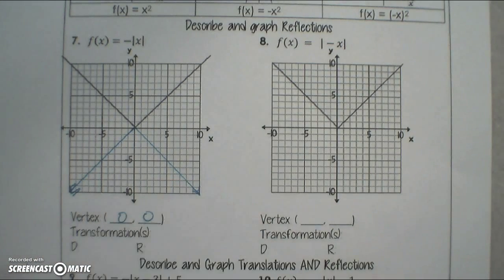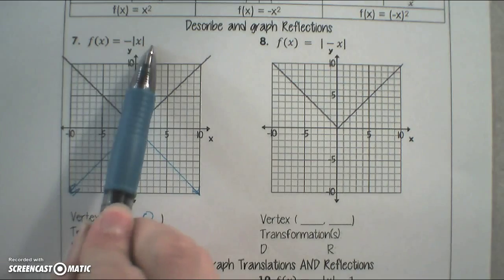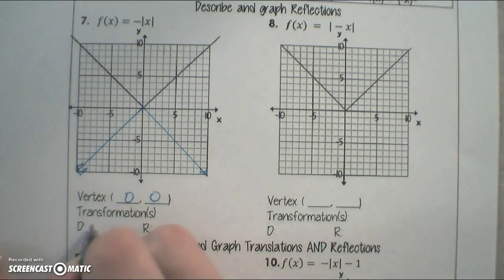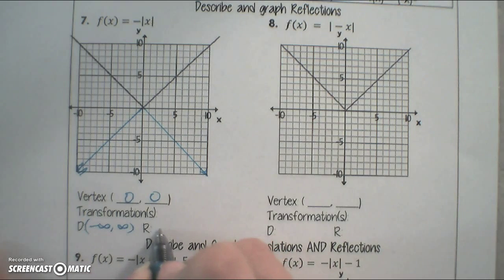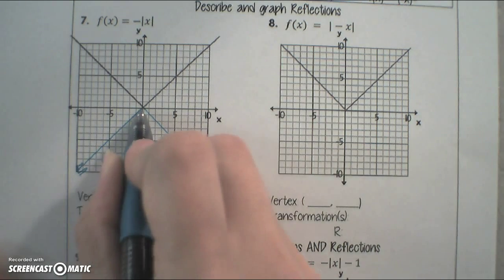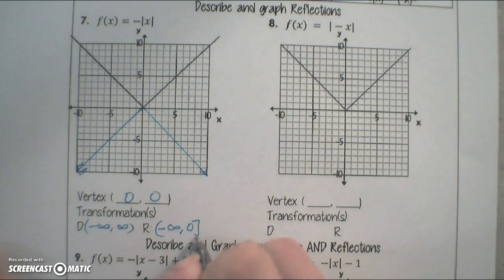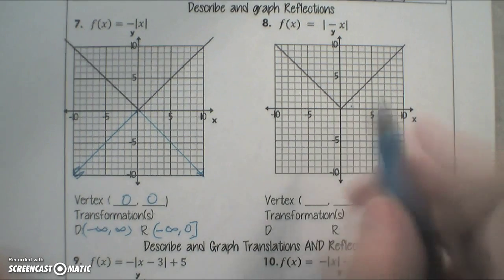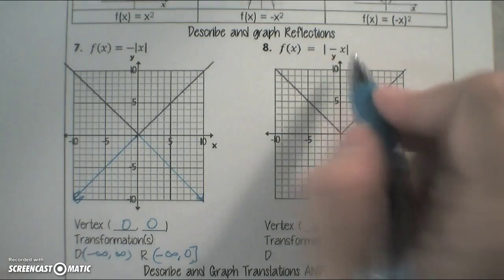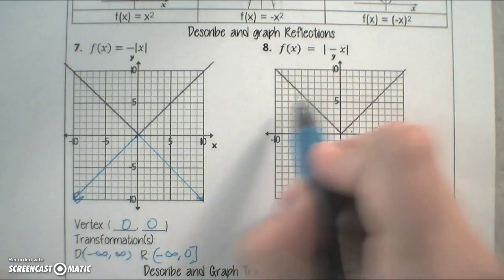So 0, 0 still for 0, 0. And it looks like our domain is negative infinity to infinity. And we have a starting point, lowest point, negative infinity, highest point, 0. But over here on this one, still 0, 0, but we're flipping it horizontally, left and right.